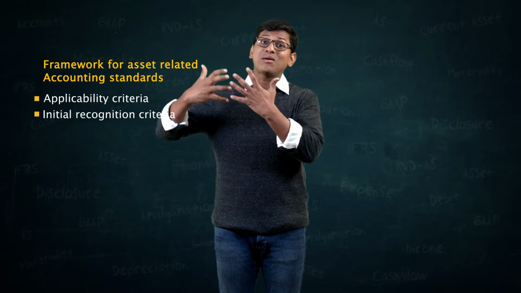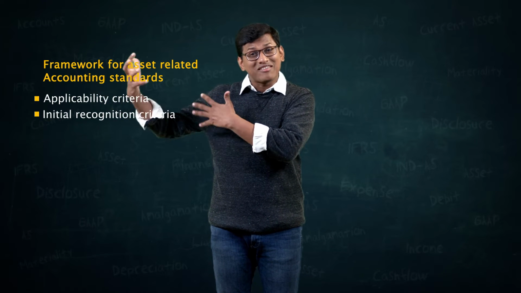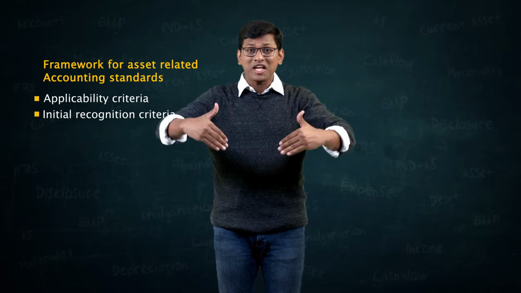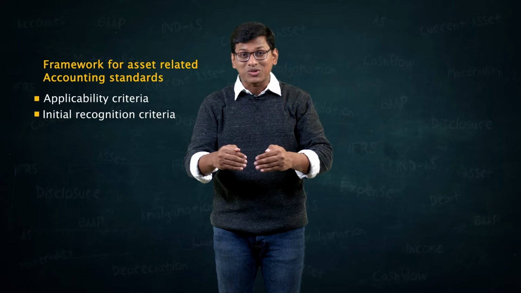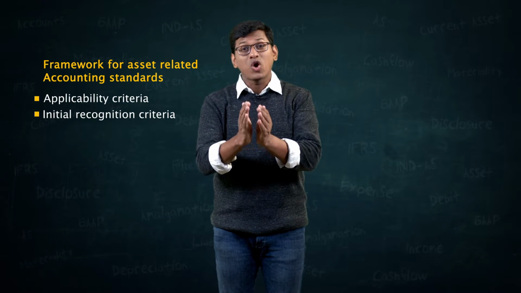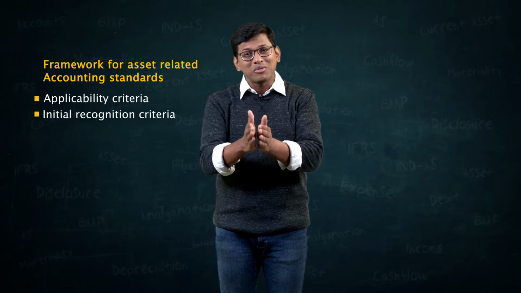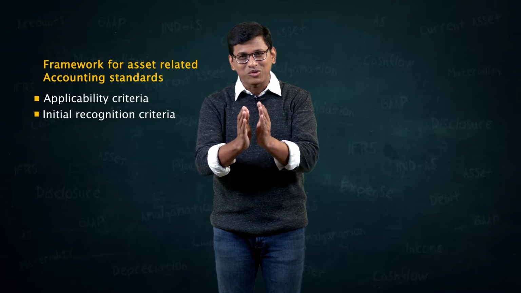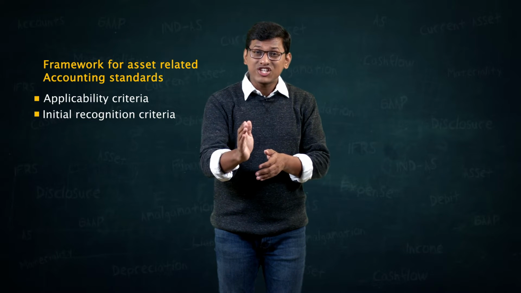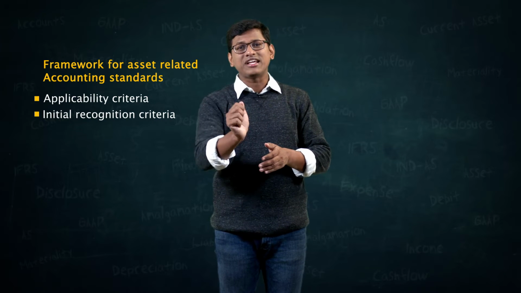This is with some other manufacturer, some other vendor, and we bought it now. So for the first time it will come into our books of accounts, right? The first time when the asset comes into books of account, what all points should we remember from an accounting point of view? So what points we have to be careful about? That is what we call as initial recognition criteria.